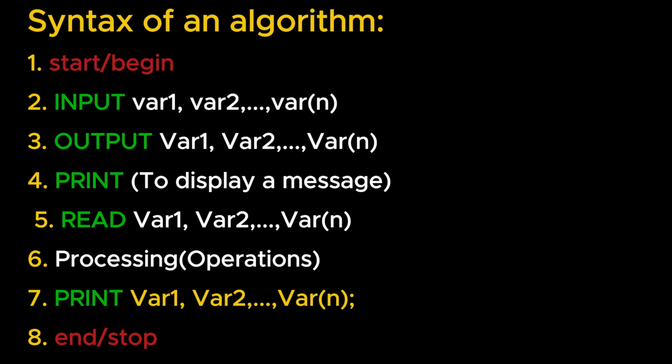For each input variable, we use the read keyword, like read number 1, number 2, and so on. And then the processing of the program, like addition, multiplication, division, and so on. Then to print output, we use the print keyword. For example, print value 1, value 2, and so on. Then an algorithm must end with the keyword end or stop.